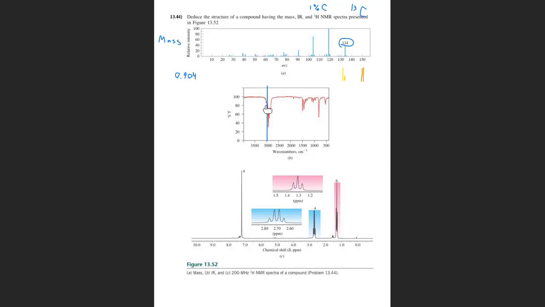I don't see any signs in the IR spectra of an oxygen. I see no signs of a nitrogen. Nitrogen would show up over here. Oxygen, if it was a carbonyl, would show up as a big, deep, long spike right about 1700, right about there.